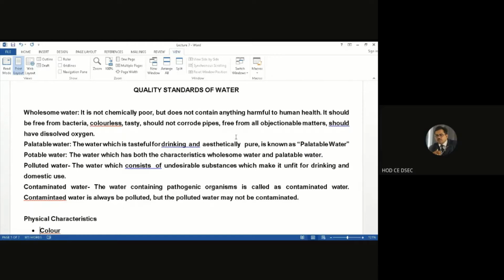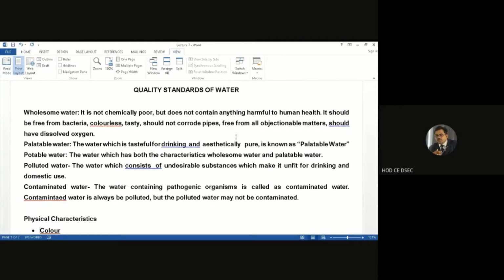Now, what is polluted water? The water which consists of undesirable substances which make it unfit for drinking and domestic use. Generally, we reject this water, we will not take it as drinking water. Contaminated water: the water containing pathogenic organisms is called contaminated water.